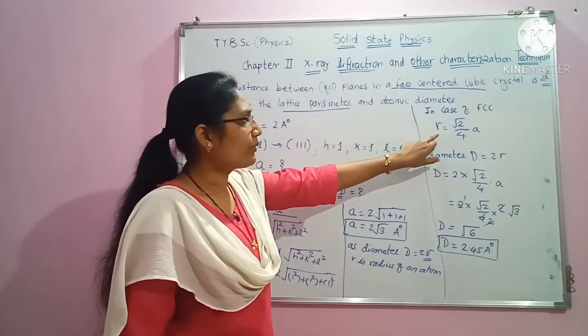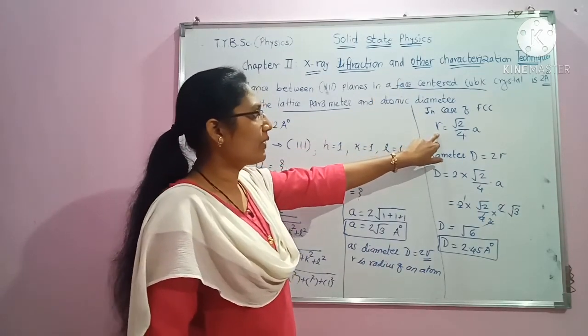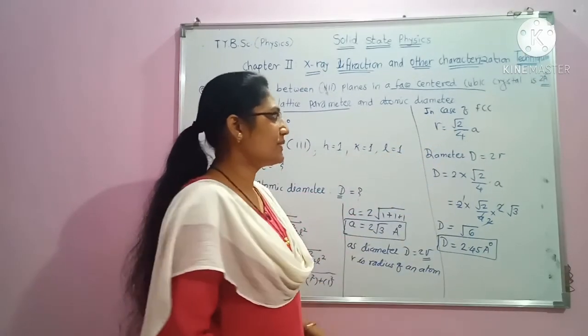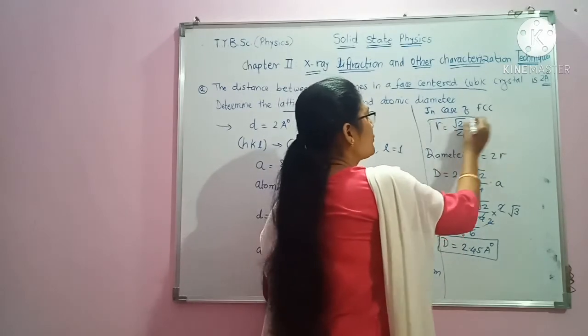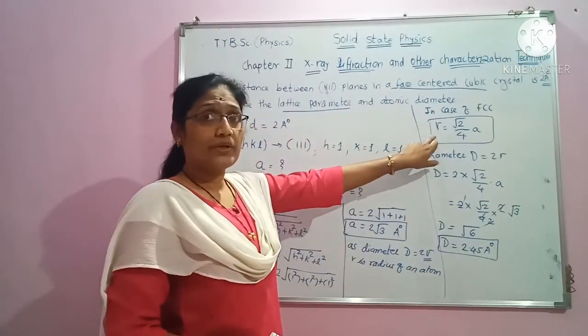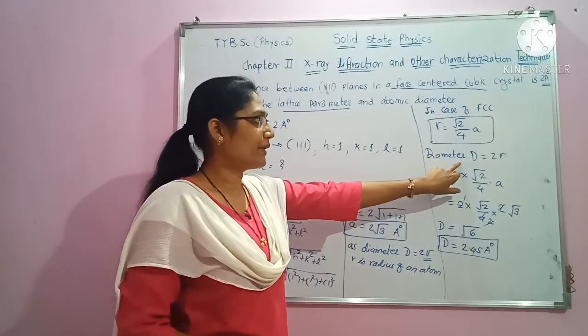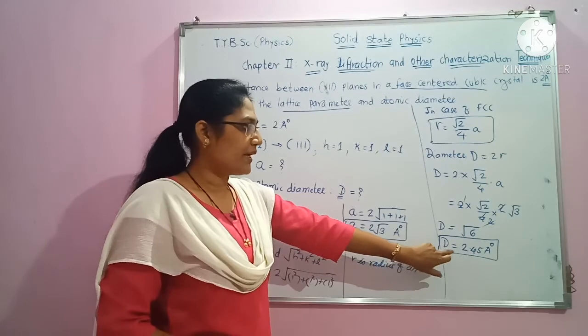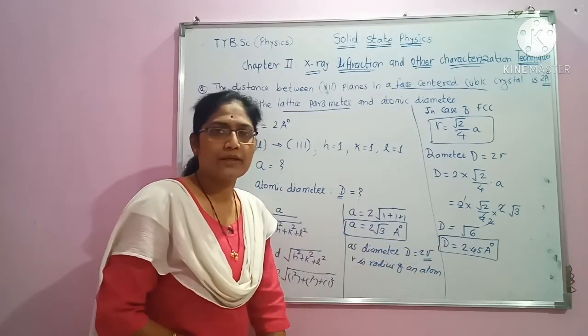So we have written the formula for FCC: R is equal to root 2 by 4 into A is the formula of radius for FCC, and we have substituted this in diameter, and we have obtained the value of D as 2.45 angstrom.